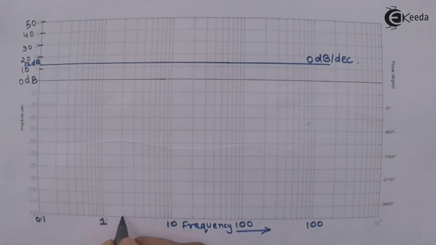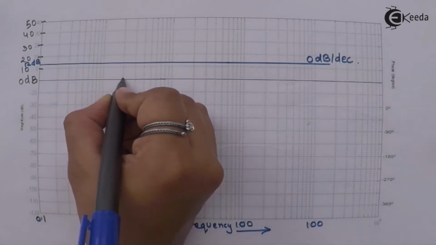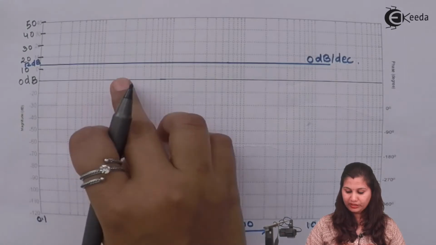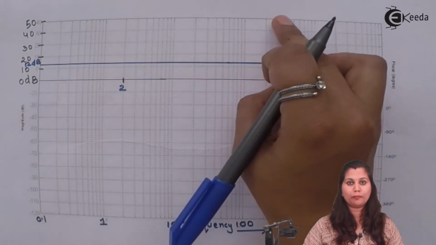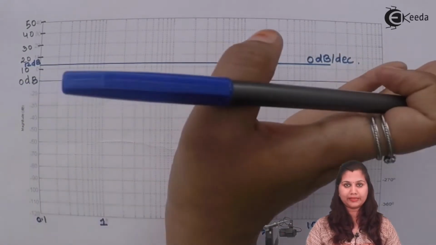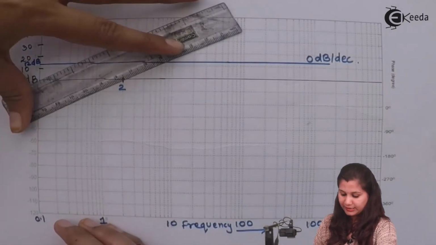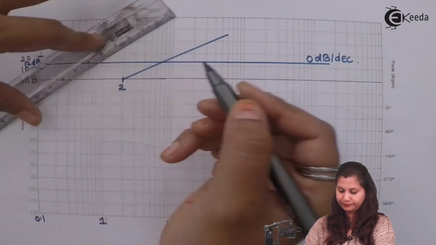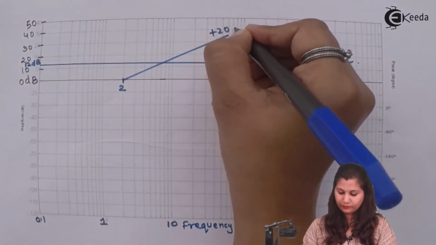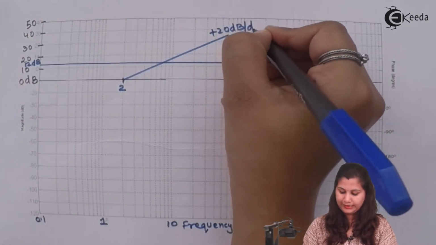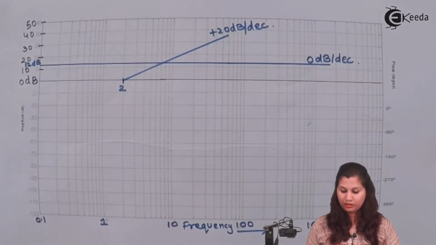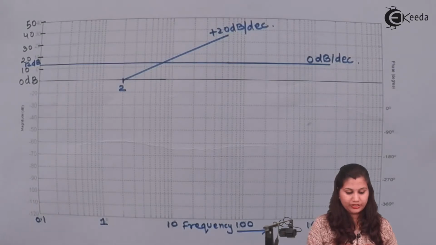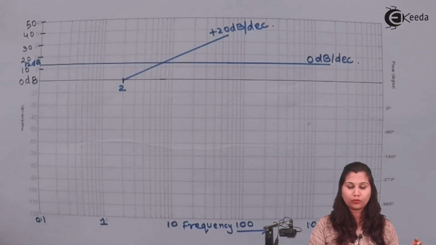So this is 1, so this point will be omega equals to 2. So from omega equals to 2, we will have a line which is having slope plus 20. So it will be in upper side. Okay. So this is in upper side plus 20 per decade.